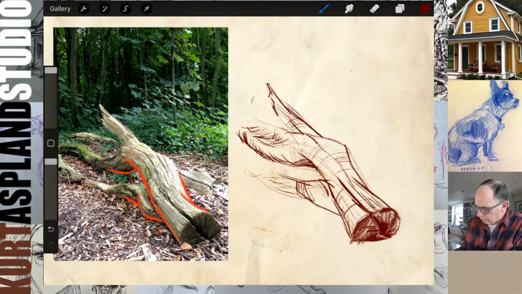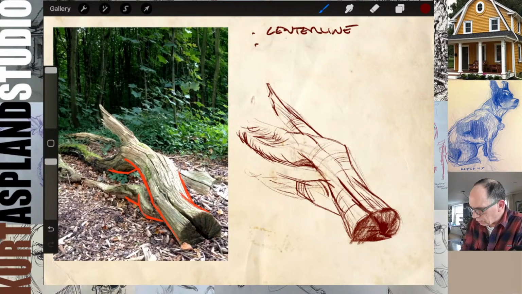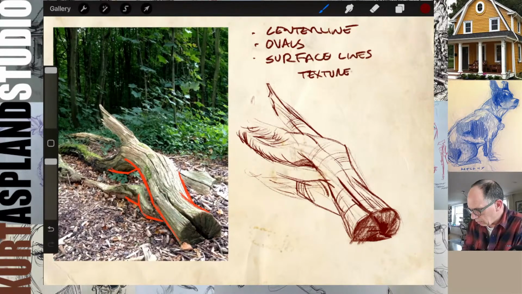So find your center line. Get your ovals down. Then you're going to use surface lines. Texture. And value.